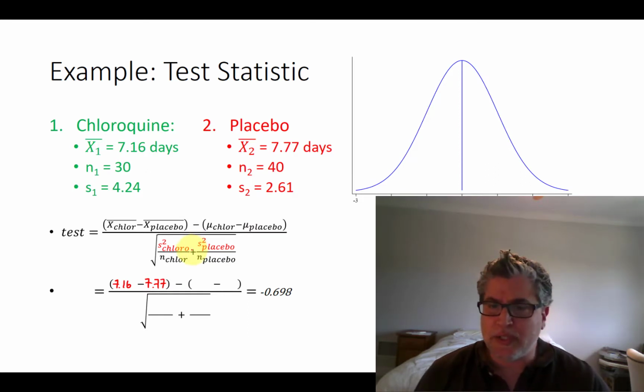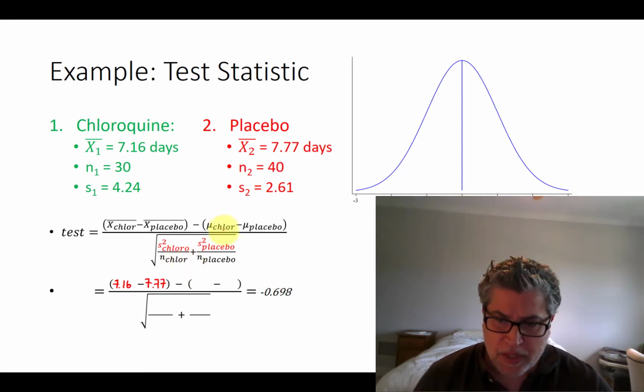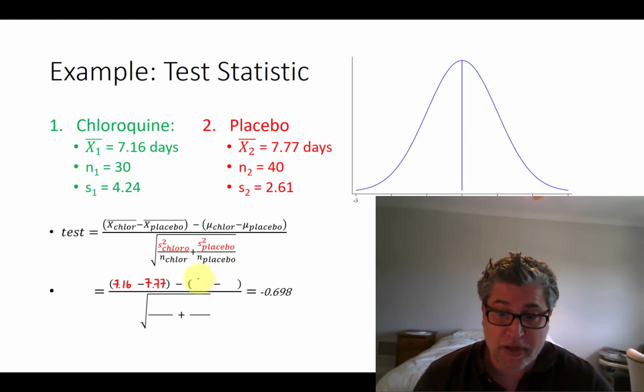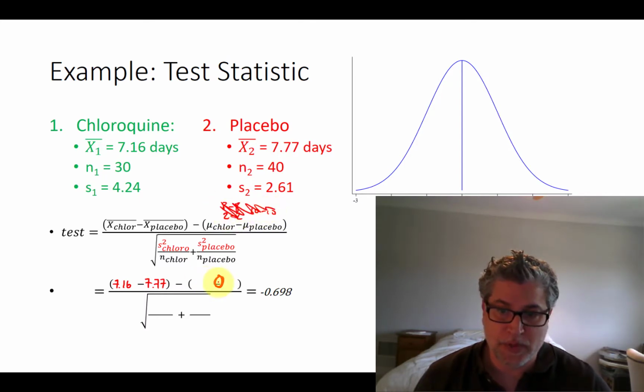Well, the null was that they're equal, the same thing, or possibly even worse. But if they're equal, then the average from one is going to be equal to the average from the other. So if you're subtracting two things that equal each other, this difference is 0. Regardless of whether you got, let's say, 2 minus 2 or 8 minus 8 or 10 minus 10, that difference is always 0.